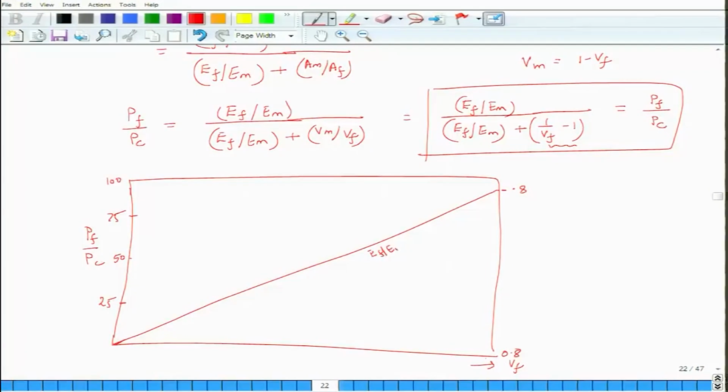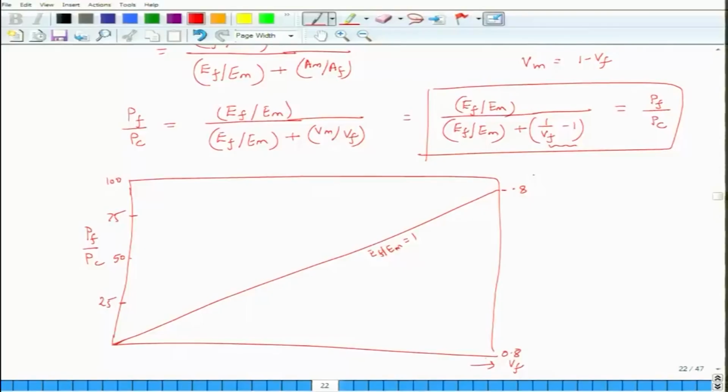So, this is Ef over Em equals 1, which means if the fiber and matrix are the same, then there is no difference between their behavior, right. Whether you increase the fiber or decrease the fiber, this is a straight line, because this thing is 1 over 1 plus 1 over Vf minus 1.